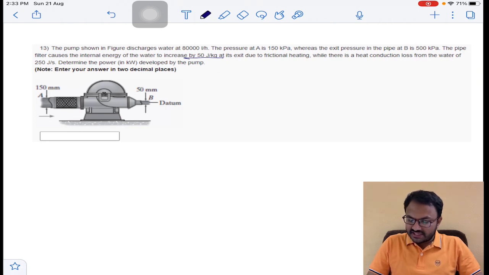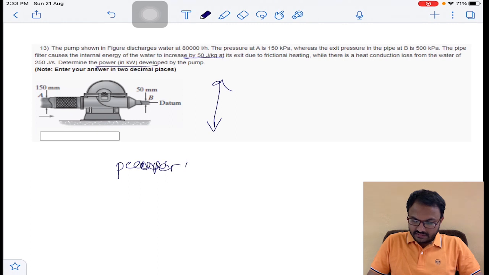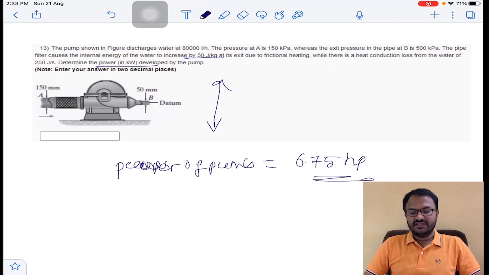Determine the power. Actually this is a very long problem, so I am just giving you the power of the pump. It is 6.75 horsepower. So this is the answer. I am not solving this, as it is a very long answer and will take maybe 30 to 40 minutes.